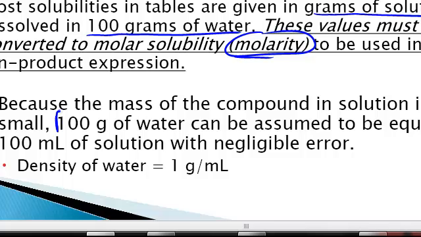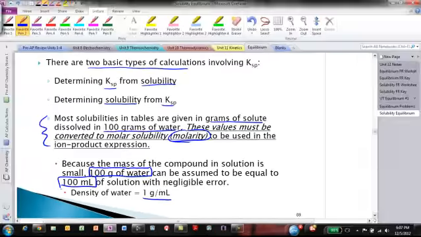So we're going to assume that because the density of water is 1 gram for every milliliter, 100 grams is equal to 100 milliliters. All we have to do with molarity is get the grams of solute to moles of solute, get our milliliters to liters, and then divide the two. So we're going to practice with that.